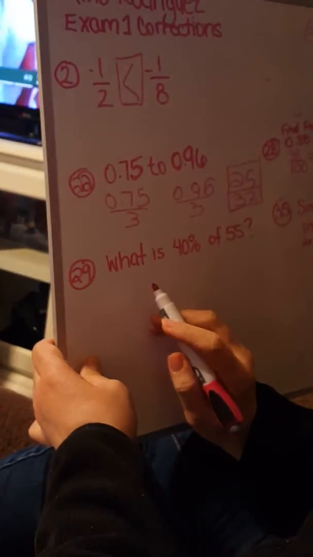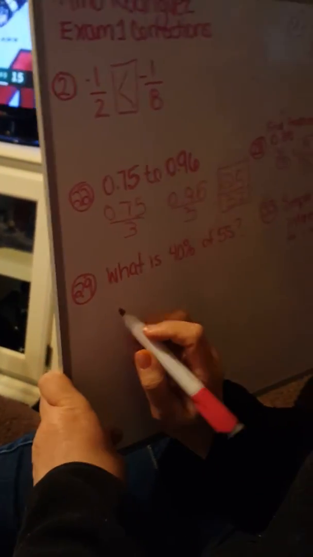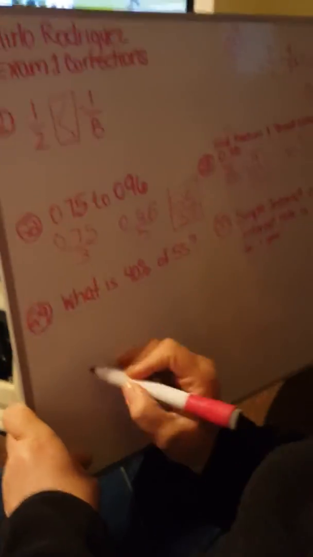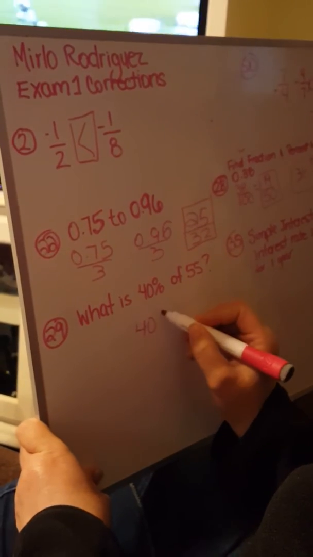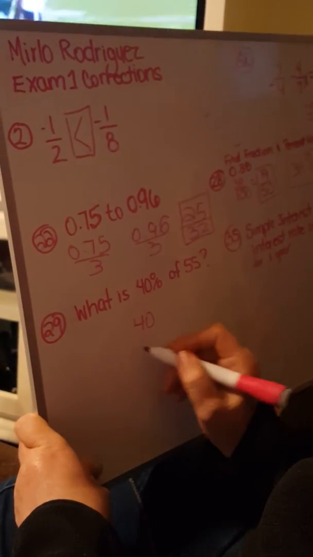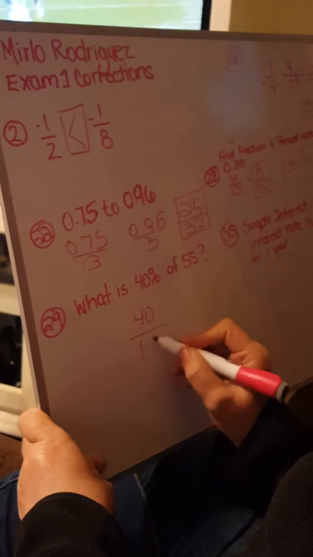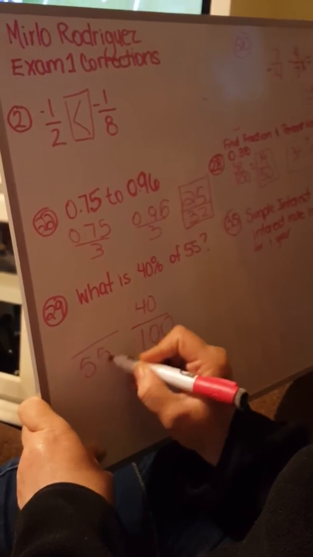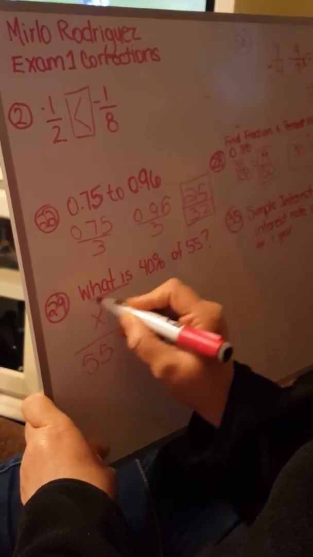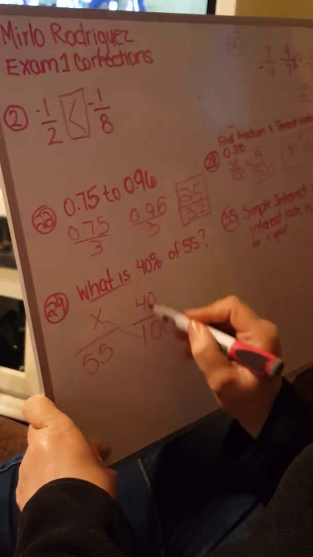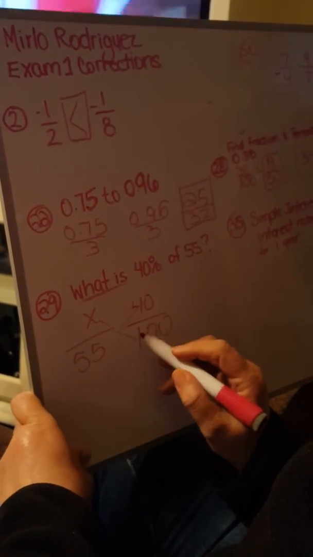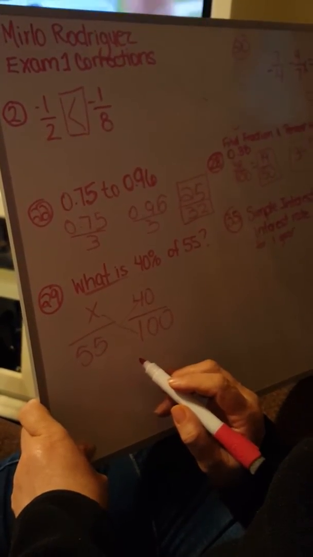Okay. This one, what is 40% of 55? Your is your top. And so we know that we have 40% here. And that's where your percent goes. And you know that that's over 100. We know the 55 goes here. And we don't know what is. So then we cross multiply. So we bring 55 times 40.